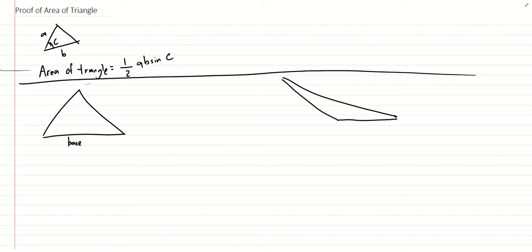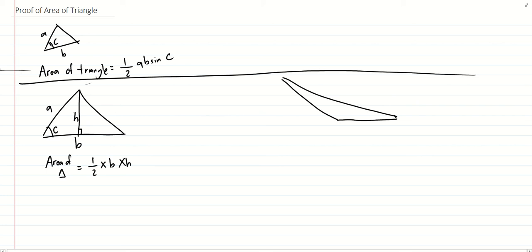Okay, let's label everything first. So we call this B, A, and angle C. Okay, so let's say I have a line that's perpendicular, we call this height h. We will have area of triangle equals half times base times height.